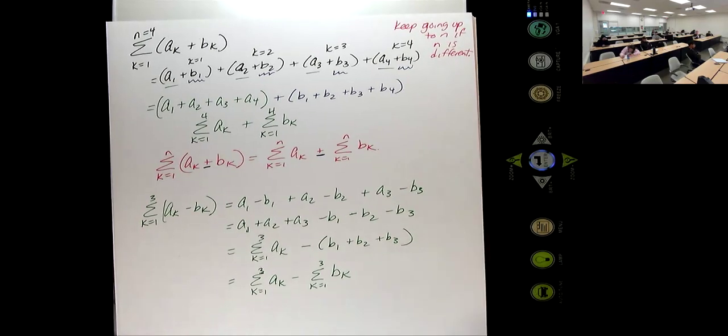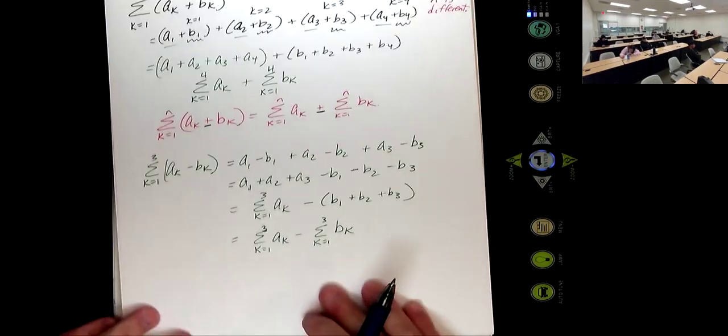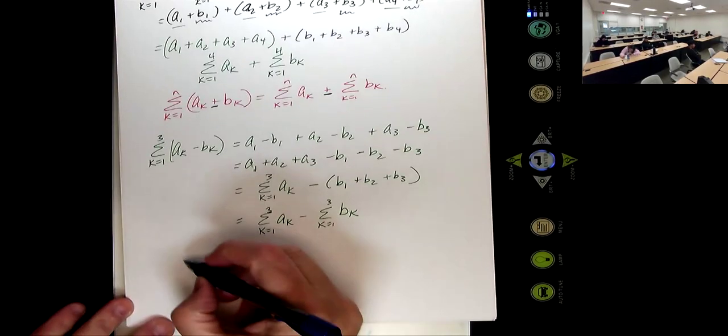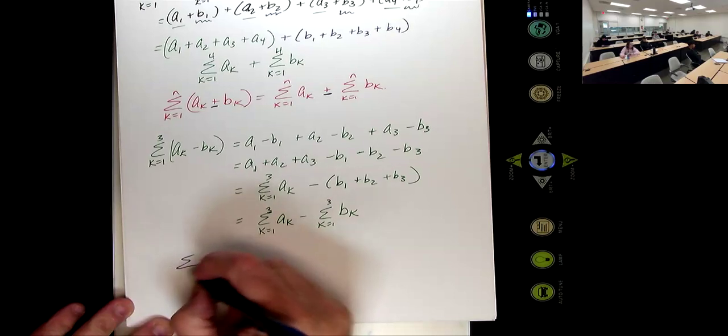Alright, so this combines kind of well with having coefficients.